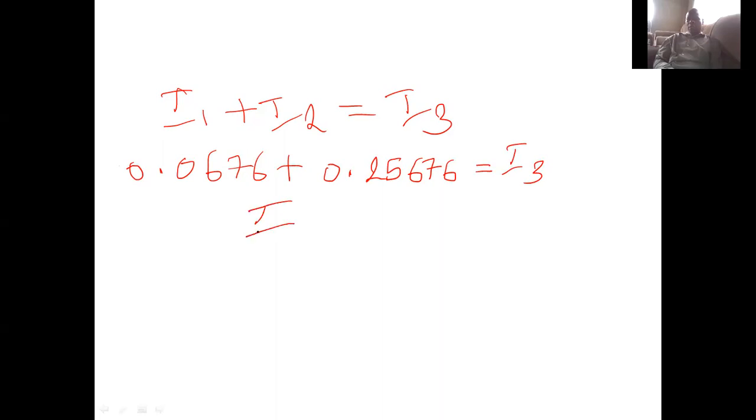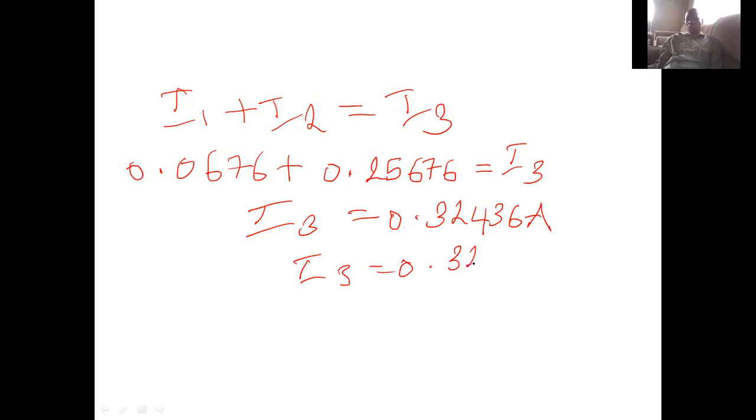And when you add this, you find that your current 3 is actually 0.32436 amps, or you can easily round it off to 3 decimal places, which is actually 0.324 amps.